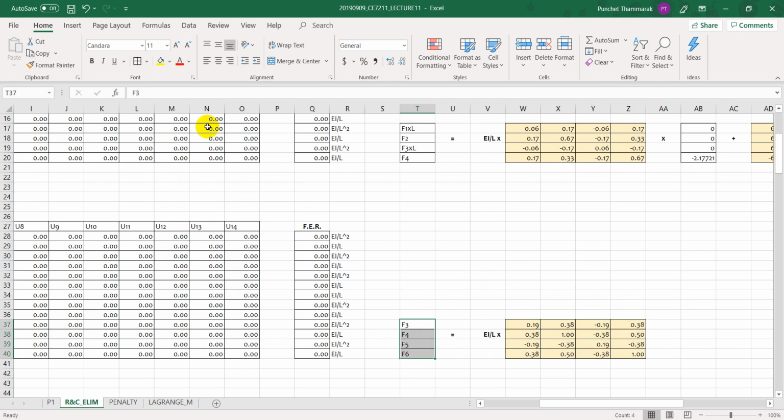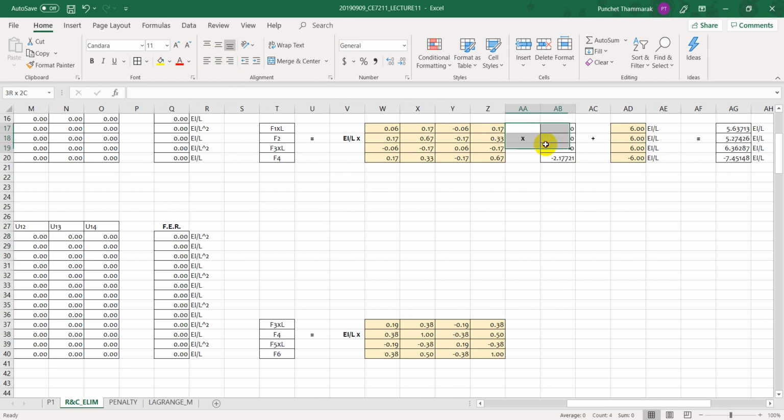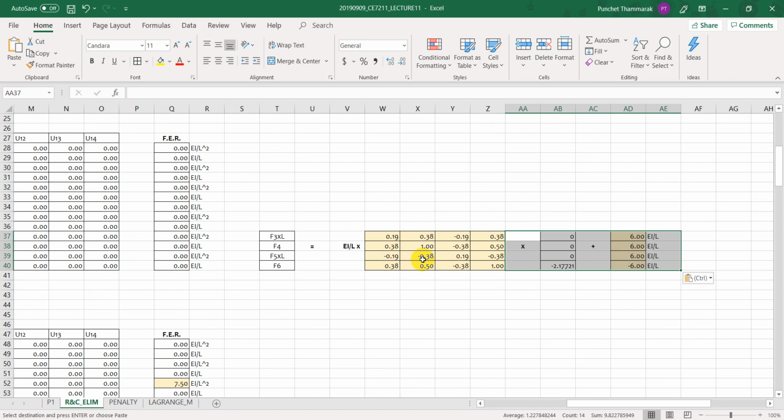Now we have forces F3, F5, and F4, F6 are the moments. You're going to multiply with, alright, so what do we have in here? Number 3, 0.